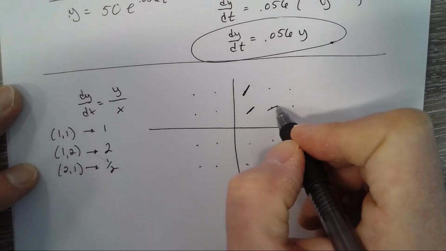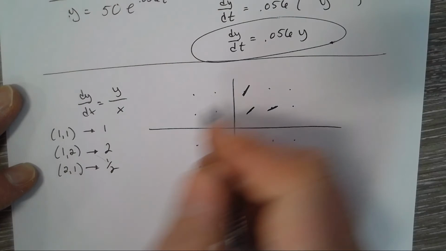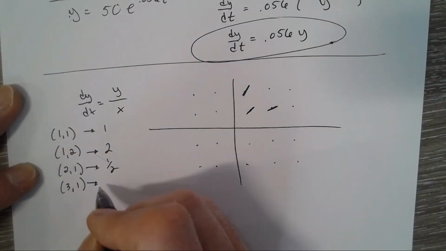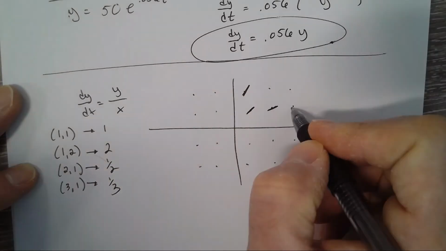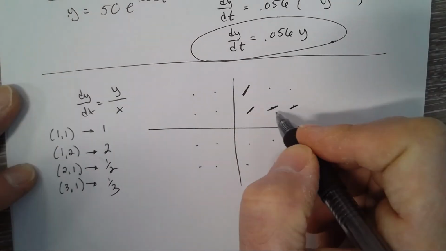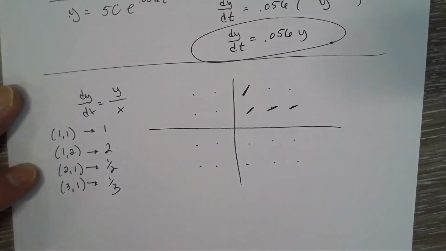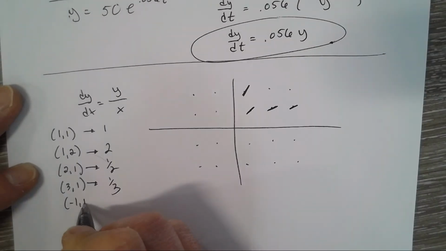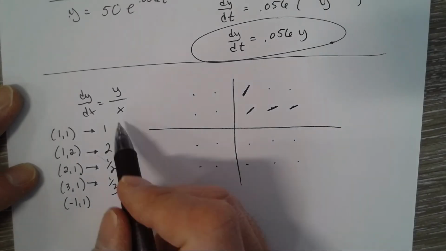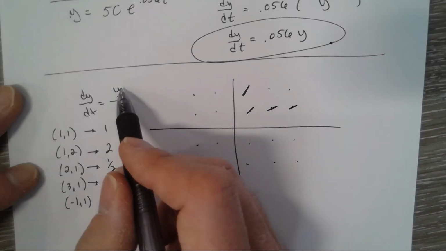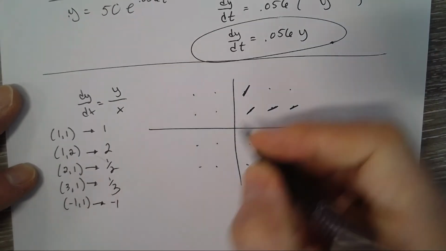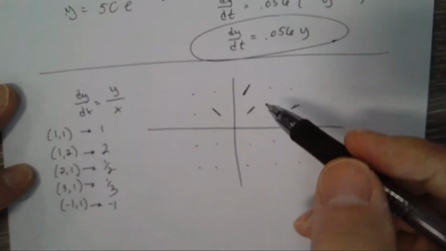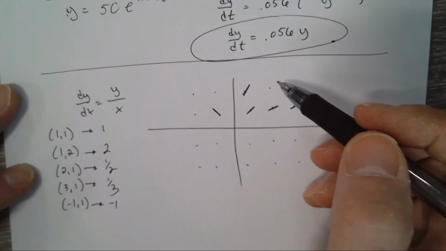Might be like that. And 3, 1 would be 1/3. So it gets to the point where it's hard to tell between 1/2 and 1/3. How about -1, 1? So x is -1, y is 1, so we get -1. So 45 degrees, like that. So you can generate a slope field. How about 1, 0?